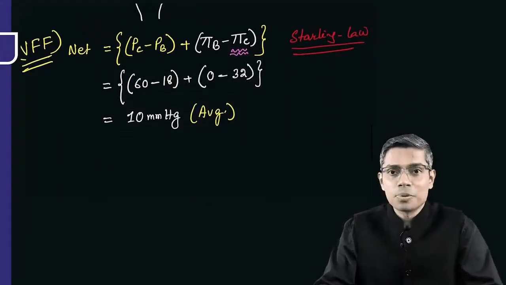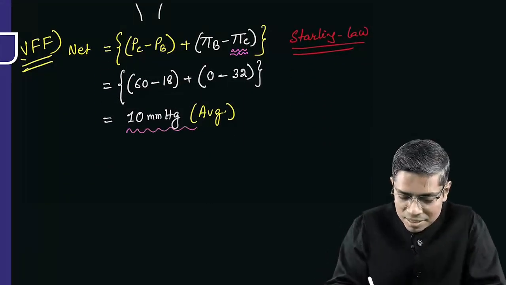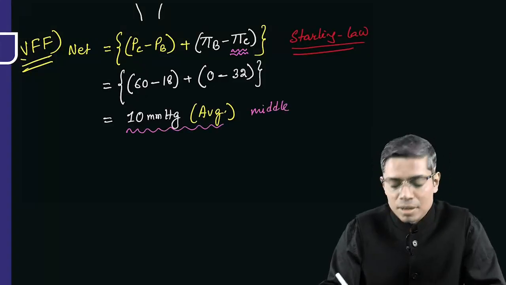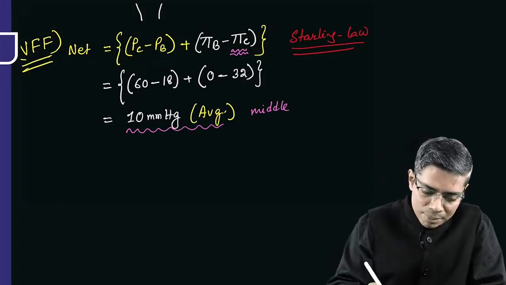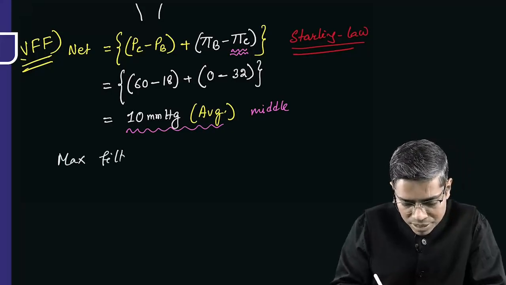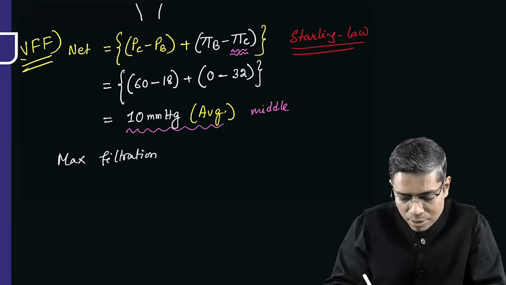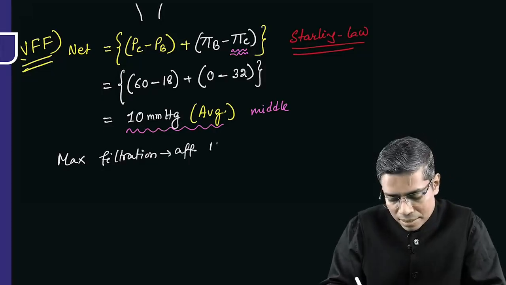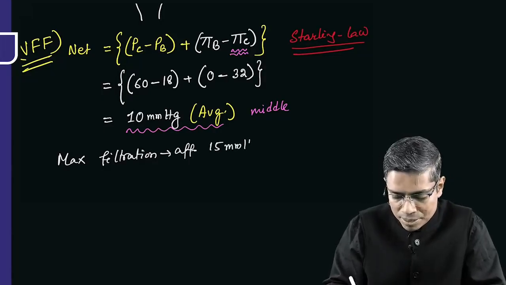And the average force of filtration is how much? That is 10 millimeter of mercury. This is almost at the middle part of the capillary. So the maximum force of filtration, as I told you, is at the level of the afferent arteriole end, okay? And that is 15 millimeter of mercury.